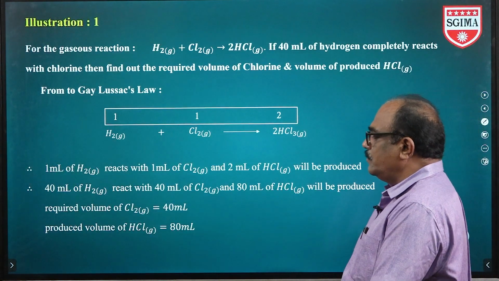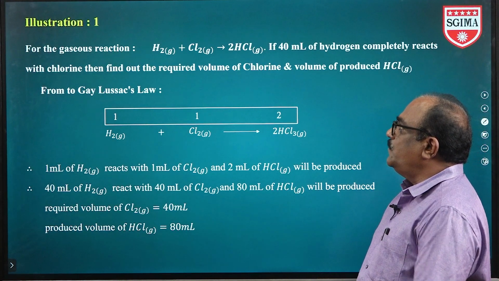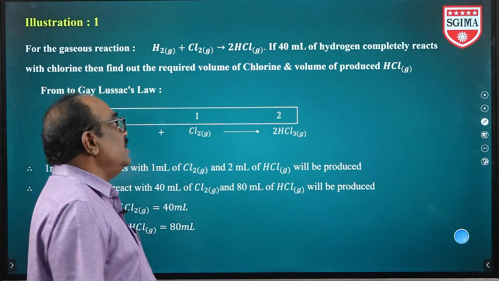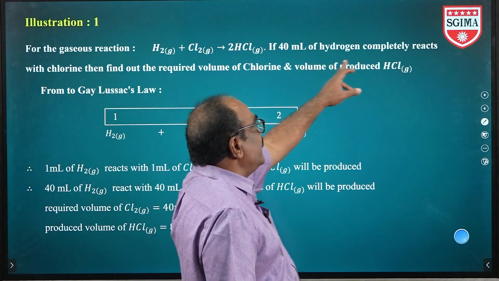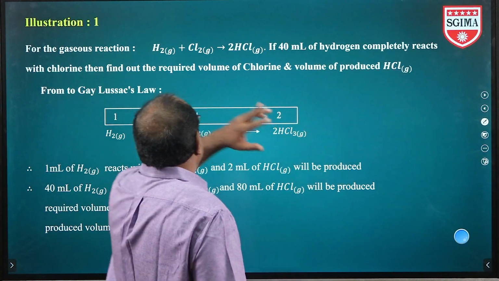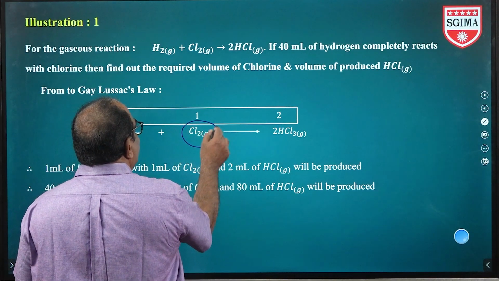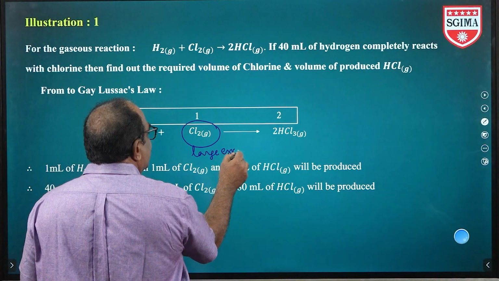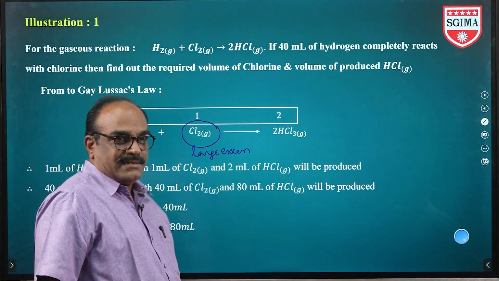Right. Now, we make some illustration here. One example can be taken. For the gaseous reaction, hydrogen and chlorine combining to produce HCl, a balanced equation is given. If 40 ml of hydrogen is completely reacted with chlorine, it means that chlorine is taken in a large excess quantity, so that all the taken hydrogen is completely reacted.